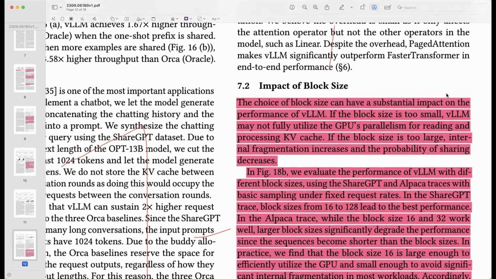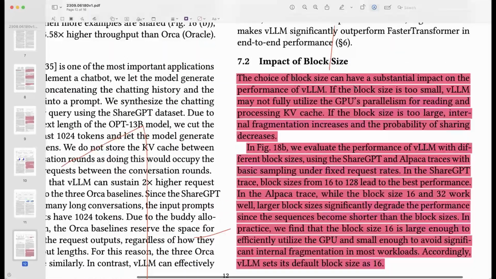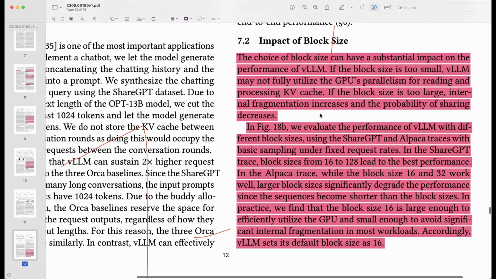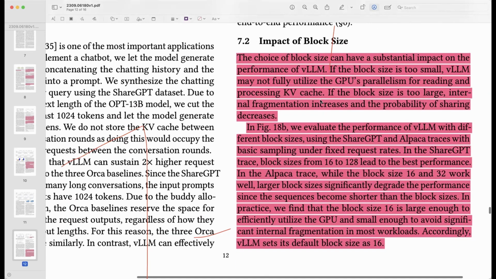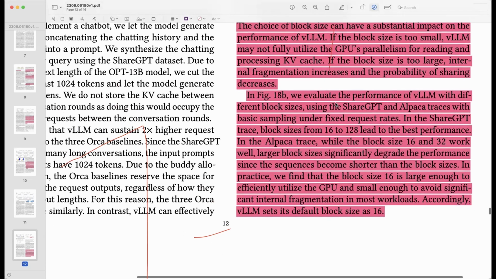The paper says that if the block size is too small, vLLM may not fully utilize the GPU's parallelism for reading and processing the KV cache. If the block size is too large, internal fragmentation increases, so the probability of sharing decreases. From 16 to 128 lead to the best performance, while 16 and 32 work well.